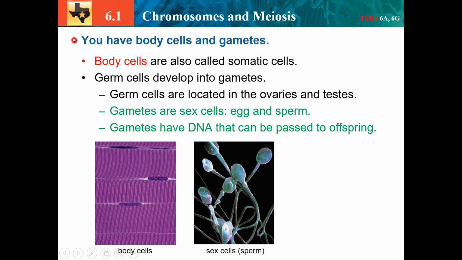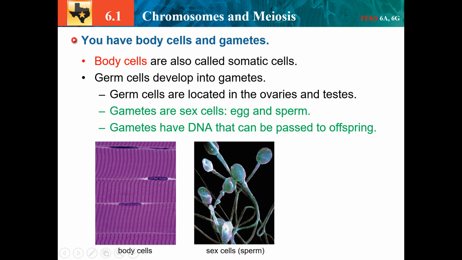And then you also have what are called germ cells, which develop into what are called gametes. So gametes are talking about your egg and your sperm. So 2 types of germ cells, or 2 types of gametes, and they are the egg and the sperm. And the location of your germ cells are going to be in the ovaries for females, where the eggs are located, and then the testes for the males, where the sperm's located.